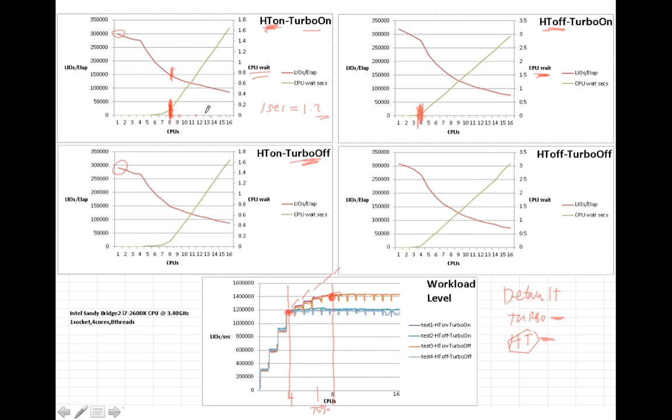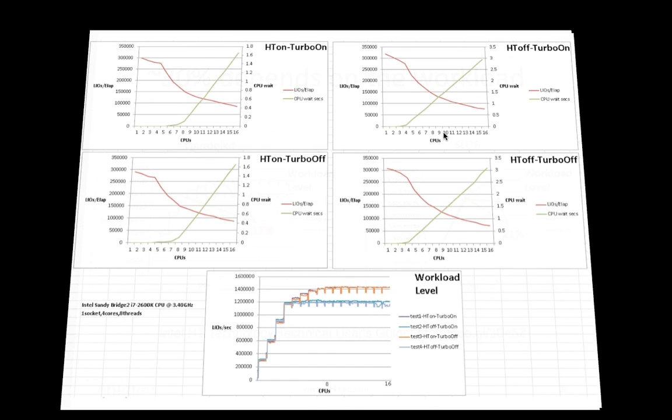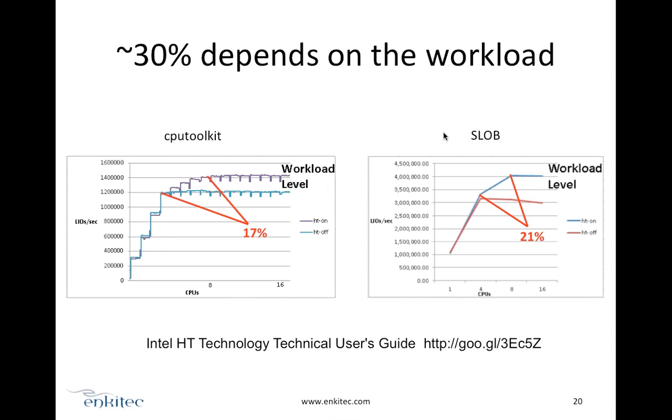So for the hyper-threading, this is hyper-threading turned on, and this is hyper-threading turned off. If I turn off the hyper-threading, I lose all of my threads, right? And then as I saturate more and more CPUs, after the cores, I don't have any more threads, so I'll start to experience CPU wait right away. So with hyper-threading turned off, you experience the queuing effect earlier, and it's bad for your response time.